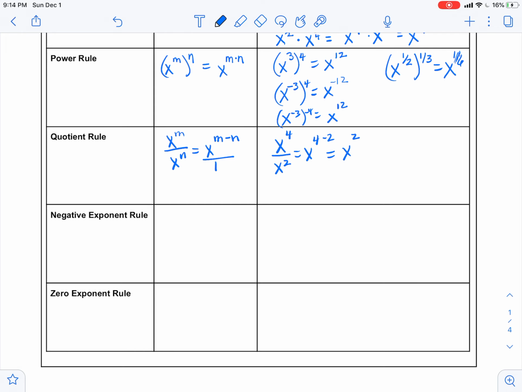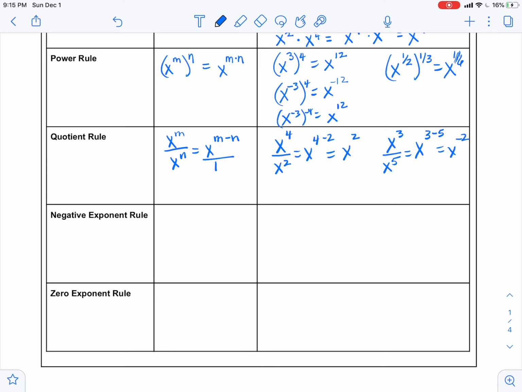Then let's go with x to the 3 over x to the 5 this way. This one would be 3 minus 5, so this would be x to the negative 2. Hopefully most of you remember we don't leave the answer that way, because we'll talk about negative exponents next and what that means. But again, that is just the division rule.